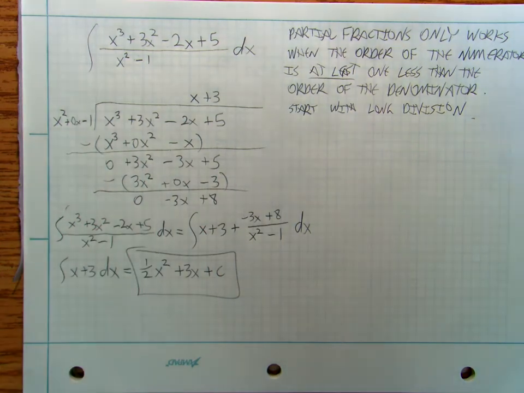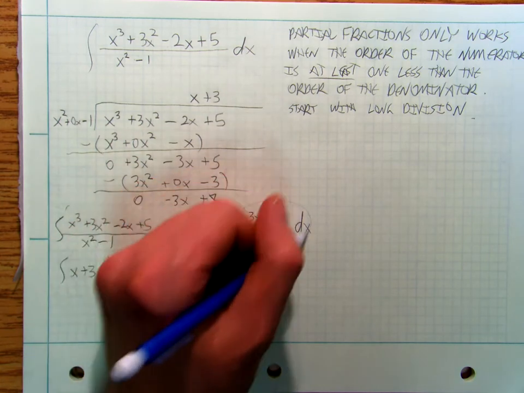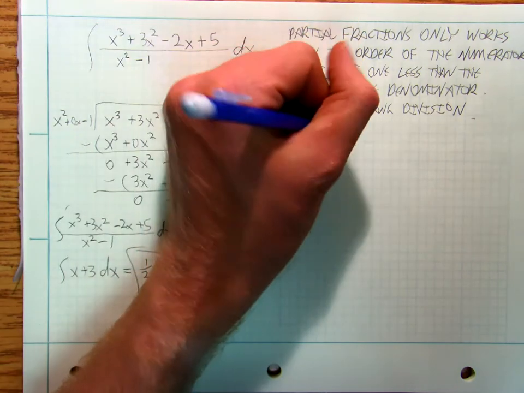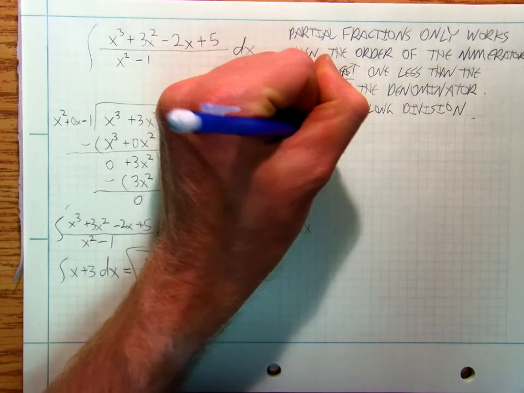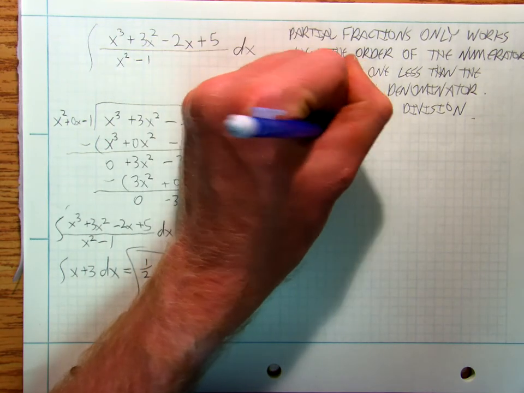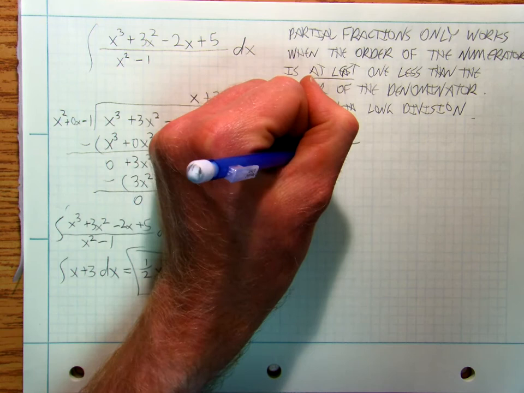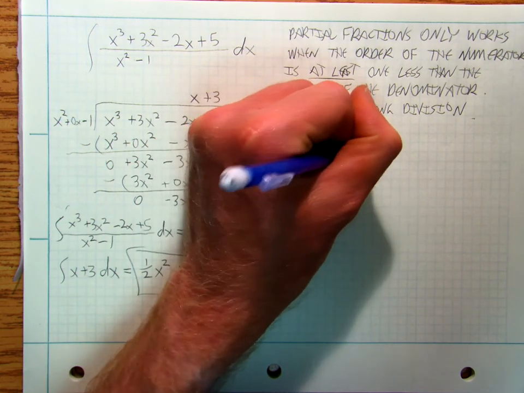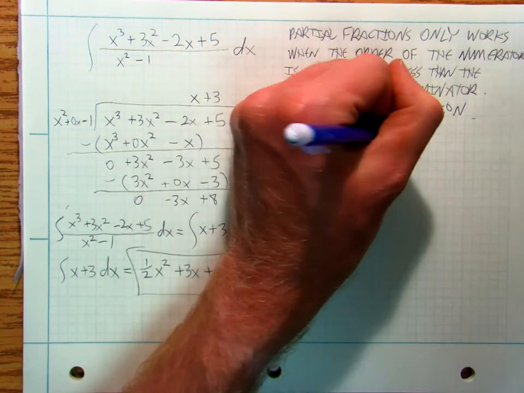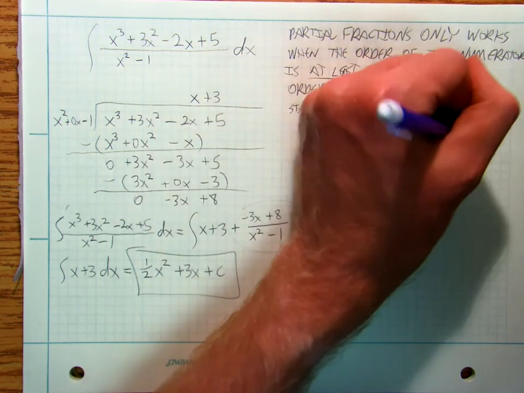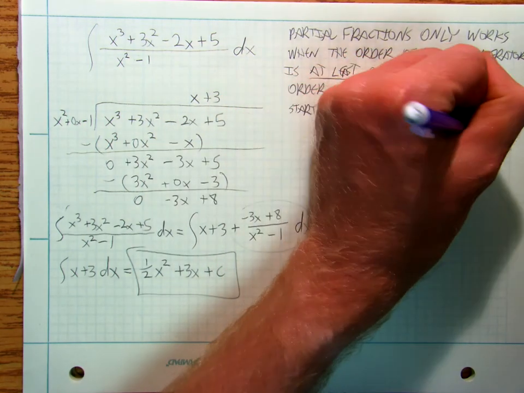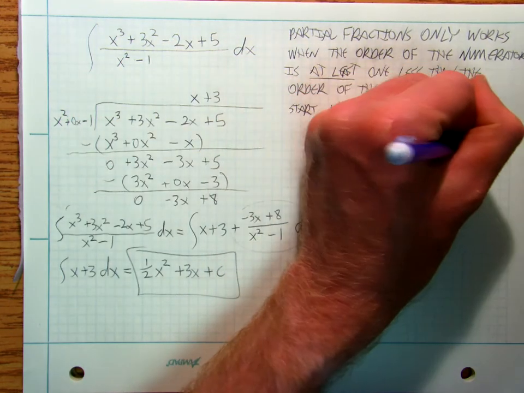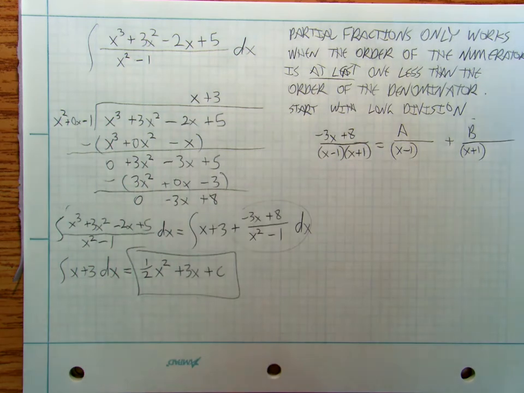Now I'm going to write this part here as (negative 3x plus 8) over (x minus 1)(x plus 1) is equal to A over (x minus 1) plus B over (x plus 1).